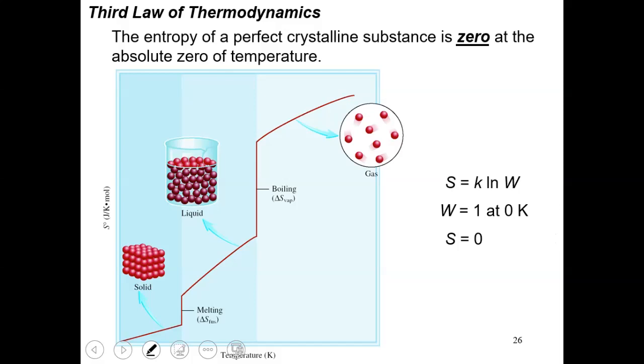Now, here's the idea. I have a starting point for the entropy of a substance at any temperature and in any physical state. If I start from 0 Kelvin and I start increasing the temperature, you can see how the entropy begins to increase, right? And as the solid begins to melt, that is also an entropy increase.